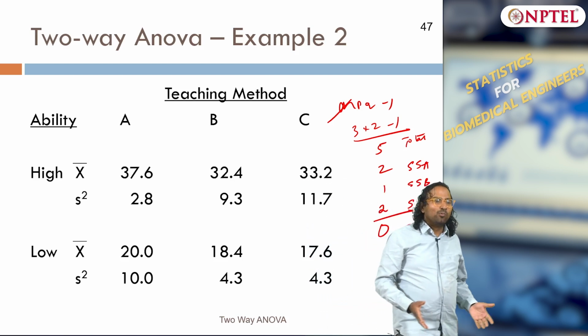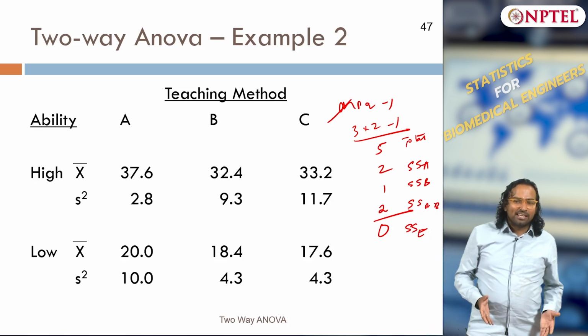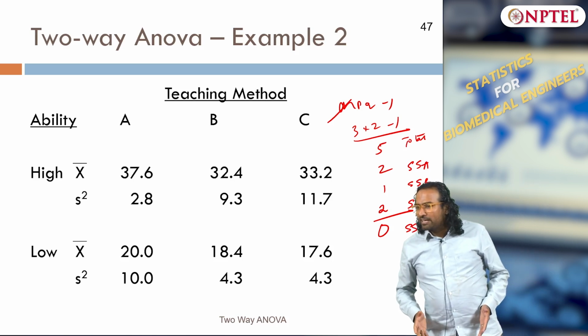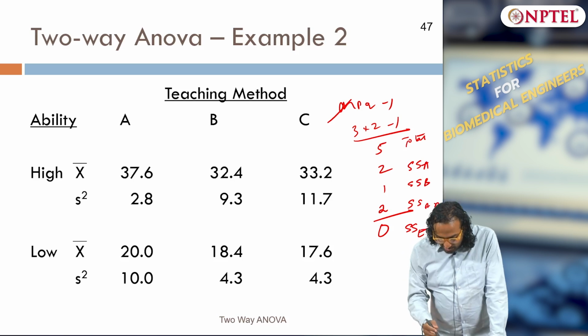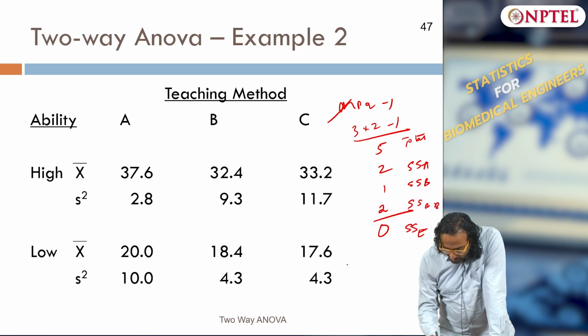When you do factorial two-way ANOVA experiments, keep in mind that for anything it will be true. Why? P minus 1 plus Q minus 1 plus P minus 1 into Q minus 1. What is this equal to?